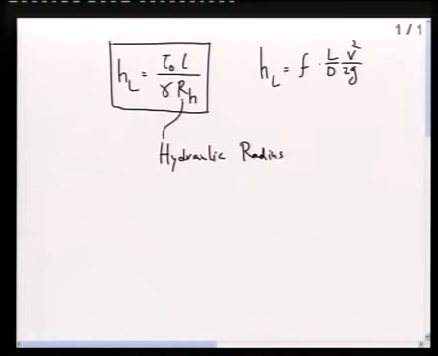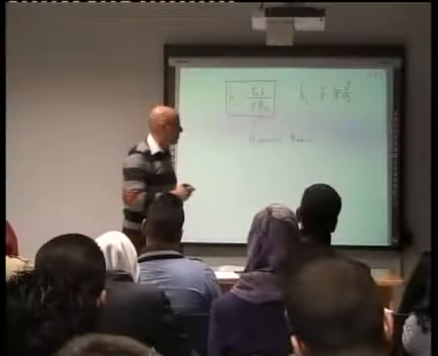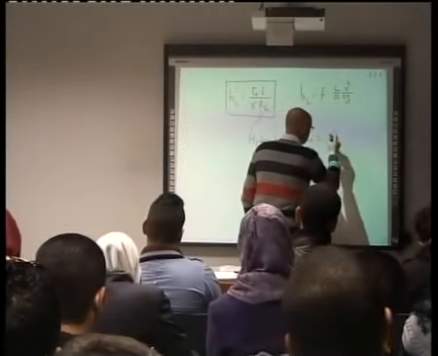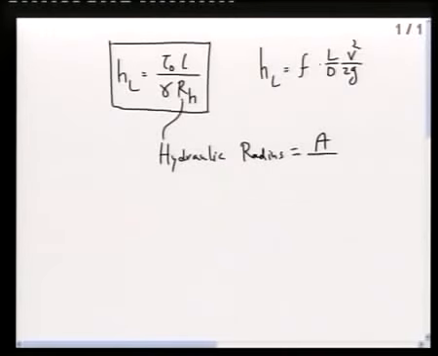And the hydraulic radius equals what? Yeah, the cross-sectional area of flow over P. But what is P? Sometimes they call it WP, wetted perimeter.